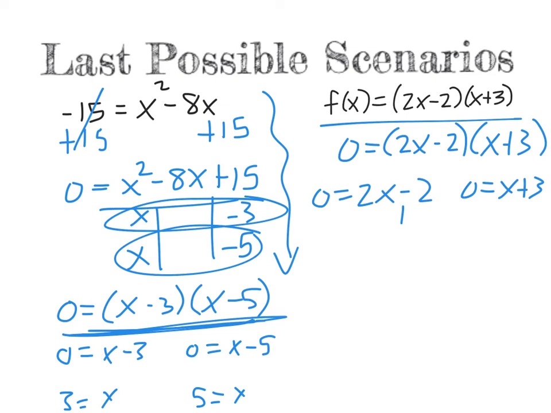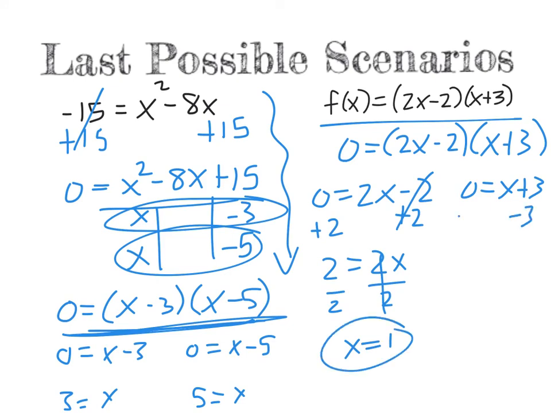As you solve, you get 2 equals 2x. Divide both sides by 2. x equals 1. Over here, we subtract 3 on both sides. We get x equals negative 3. And those are your solutions.